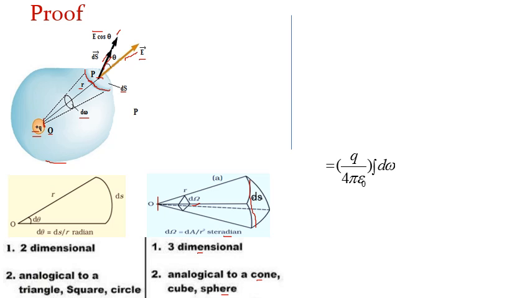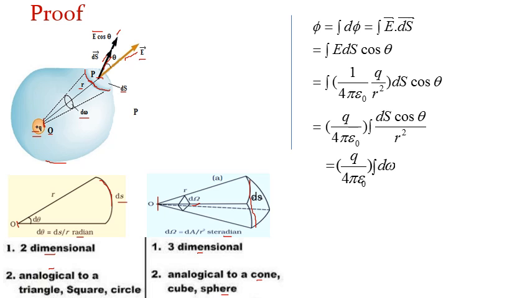While this ds is an arc, and the angle subtended by this arc at O is the plane angle, which is measured in radian, and is two-dimensional, analogous to triangle, square, circle. So you must not get confused between plane angle and solid angle.